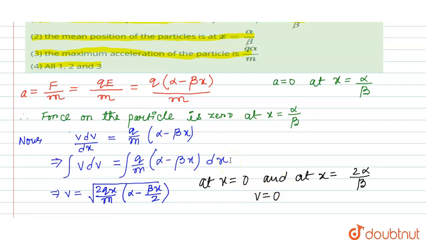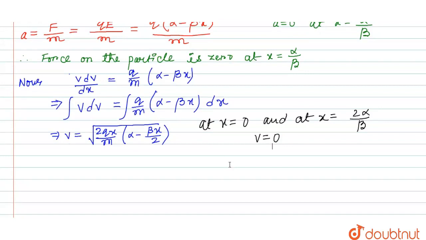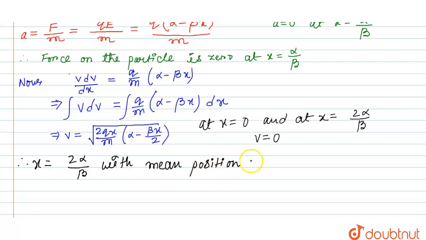Okay, so we can say that the motion is oscillatory between x equal to 0 and x equal to 2 alpha by beta, with mean position at x equal to alpha by beta. Therefore, the amplitude of the particle is alpha by beta.